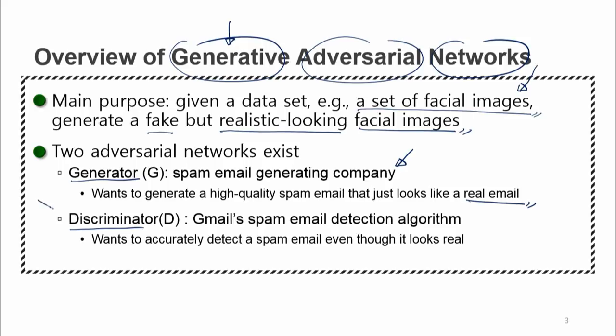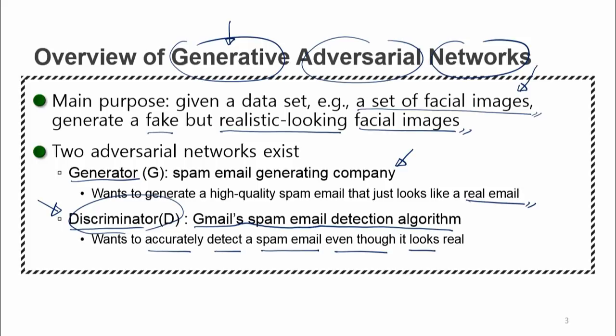Then we can view another counterparty, like Gmail's spam email detection module or filtering algorithm. The main goal of this discriminator part is to accurately detect a spam email even though it looks like a real email.